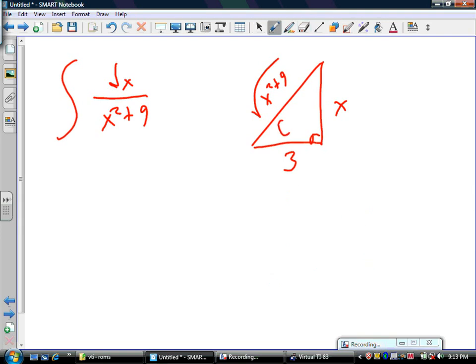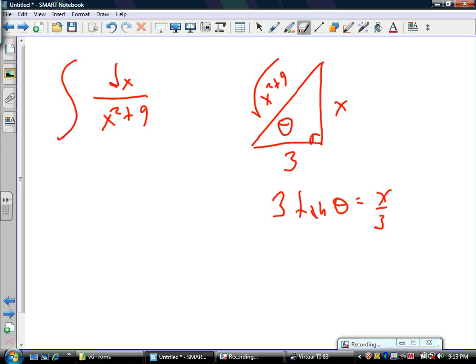But what's the relationship between the angle and those two sides you placed? So Katoa, which one? Tangent. The tangent of theta is opposite over adjacent. So tan theta is x over 3. I need x. How do you get x alone? Multiply by 3.